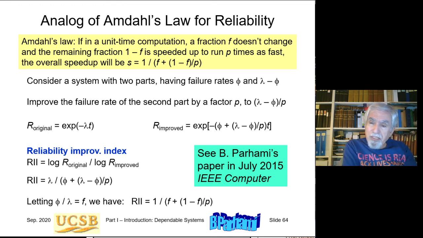So for example, if you have an application that does both floating point arithmetic and fixed point arithmetic, and then you redesign your floating point unit to become twice as fast for floating point operations, the result depends on the fraction of operations that were floating point versus fixed point. So let's say they were equal. Half of the operations were floating point, half were fixed point.